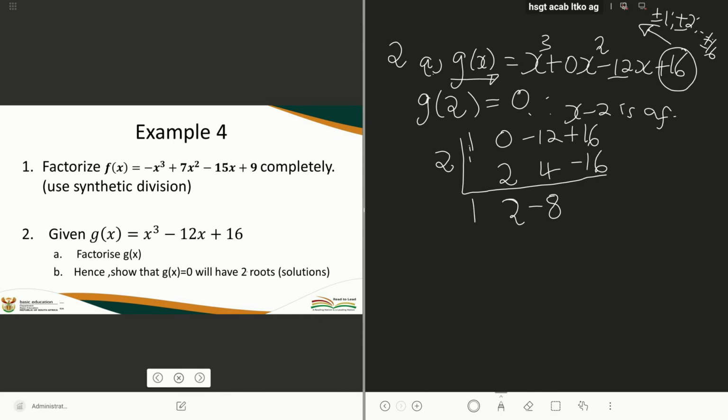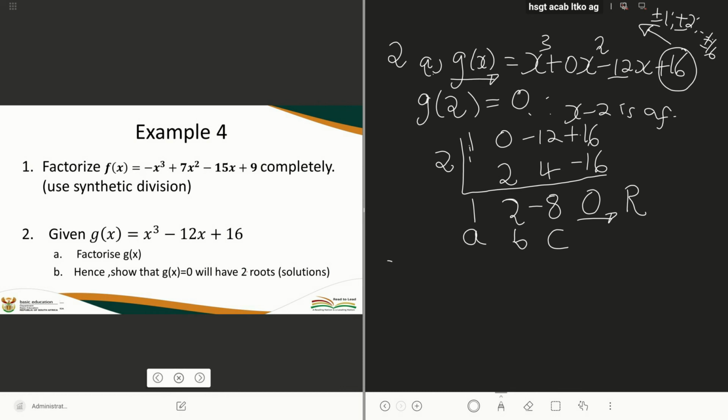Then what do we do? 16 plus negative 16 is 0. So since this 0 is your remainder, you must know that this 1 is the coefficient of A, 2 is the coefficient of B, and then this negative 8 is the coefficient of C on your quadratic expression.